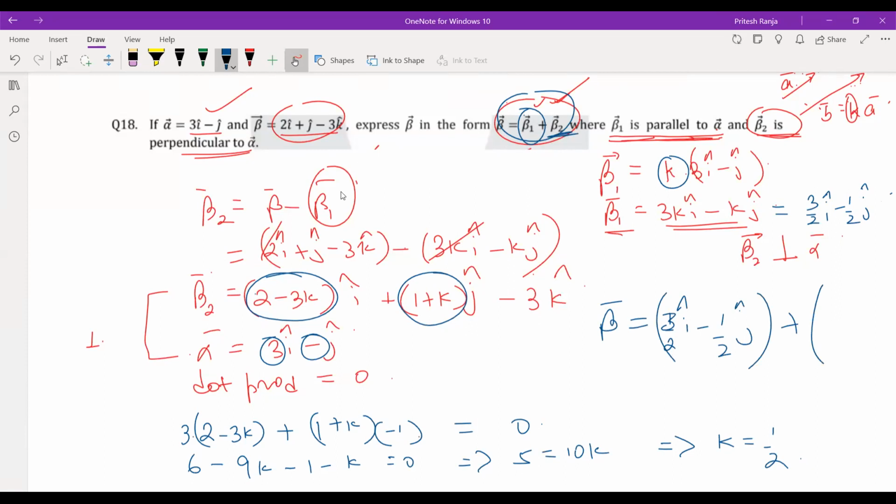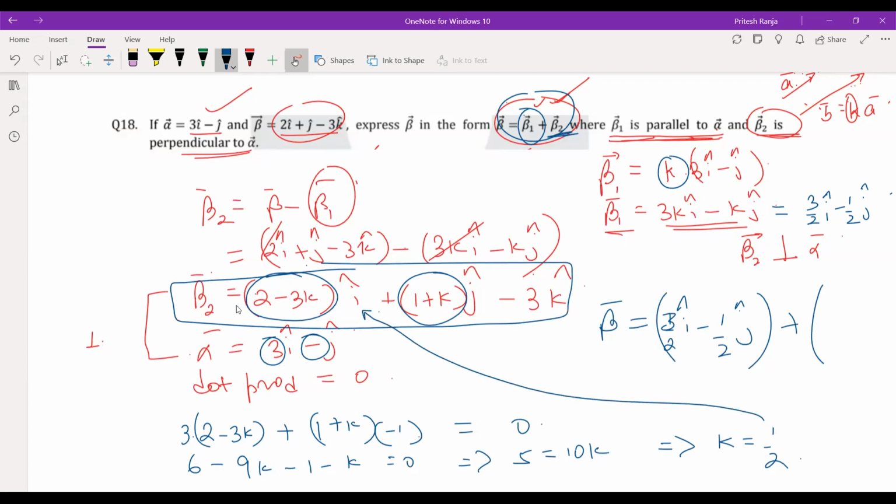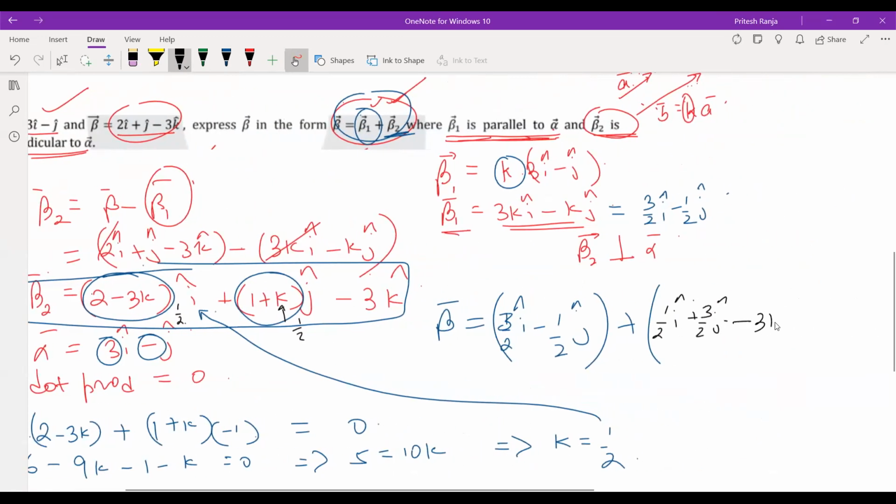What is beta 2 vector? This is our beta 2 vector, right? So we put the value of k as 1 by 2 here. That will give us 2 minus 3 by 2, so 1 by 2 i cap, and then k value 1 by 2 here, so plus 3 by 2 j cap, and then minus 3 k cap as it is.